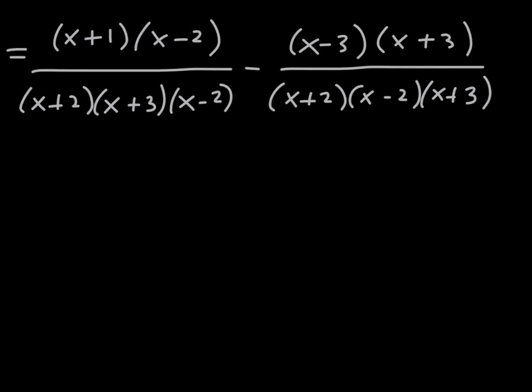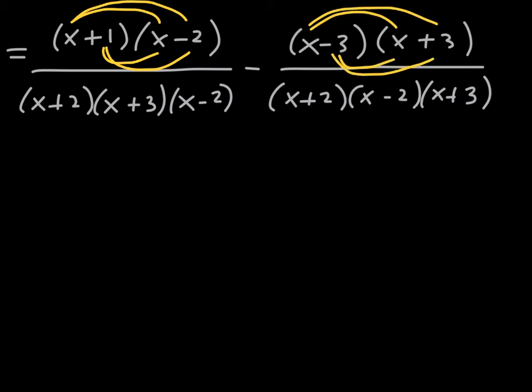Now the next step is to distribute these numerators. So it's x times x, x times negative 2, 1 times x, 1 times negative 2. Over here, x times x, x times 3, negative 3 times x, negative 3 times 3. Do not distribute the denominators. The denominators, keep them the same and keep them in factored form.